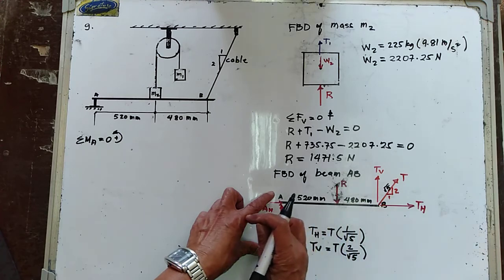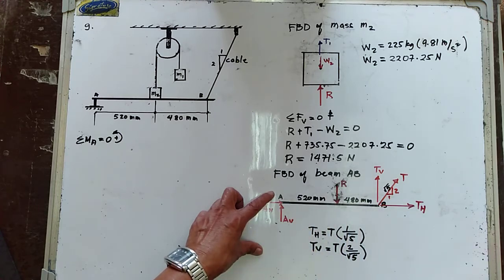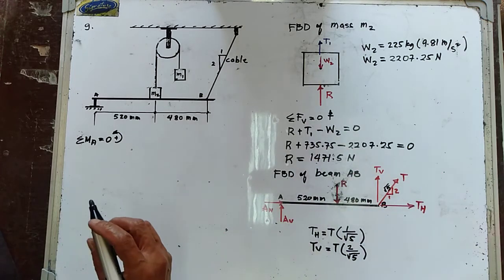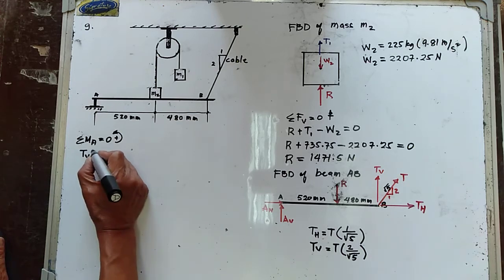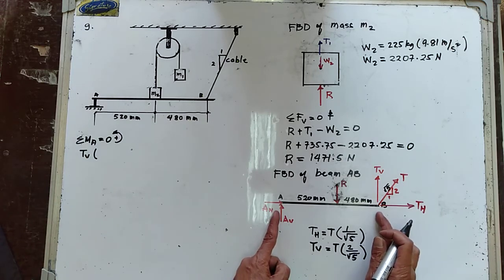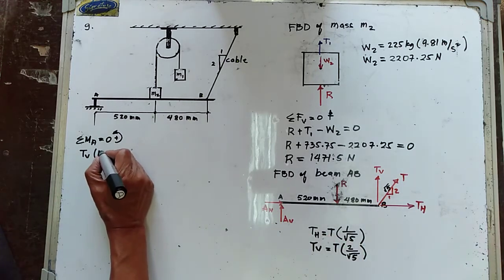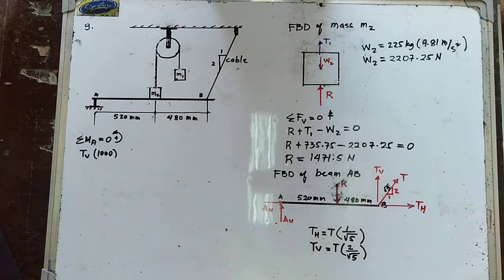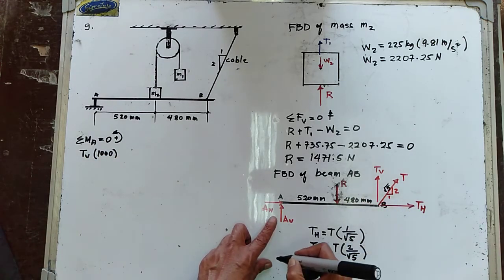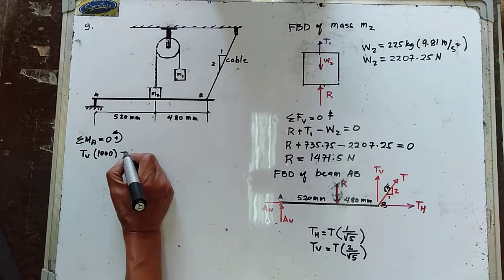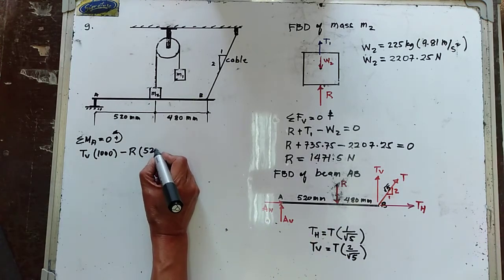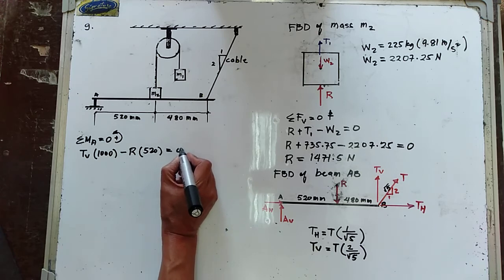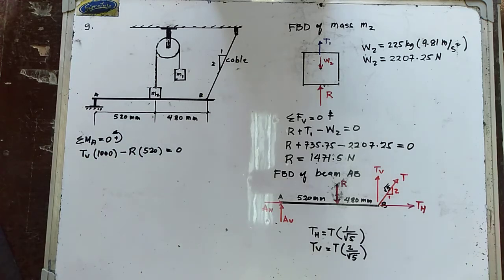Your TH has no moment about point A because it passes through the moment center A. So your T vertical is going counterclockwise about point A. The moment arm is 520 plus 480, or that is equal to 1,000 millimeter. Now your R is going clockwise about point A, so that is minus R. The moment arm is 520 millimeter, and that one is equal to 0.